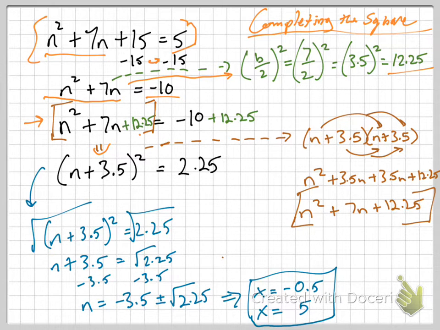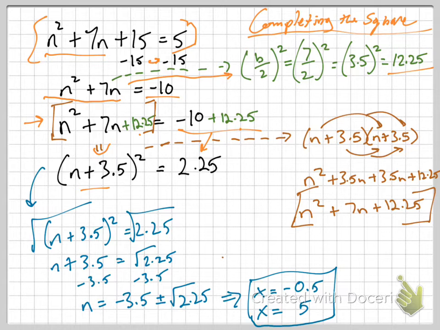But when we add to this side, we also have to add to this side. So we've made a perfect square trinomial on the left, which collapses down into this perfect square here. And we've kept the right side balanced by adding 12.25 to 10, which got us 22.25.